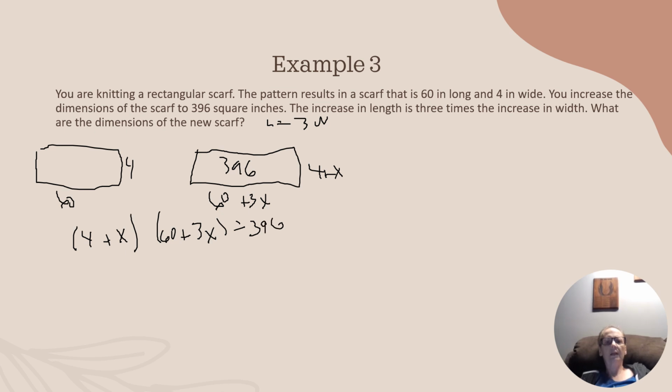So I'm going to need to start by multiplying this out. So 4 times 60 is 240. 4 times 3x is 12x. 60 times x is 60x. And x times 3x is 3x squared.